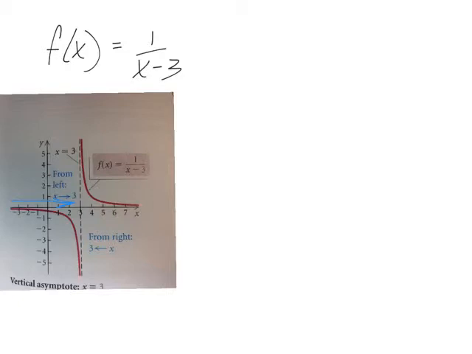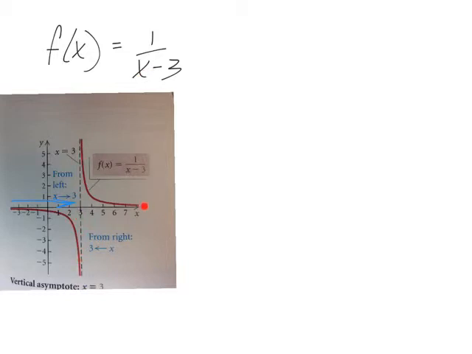One of the things that's important, though, is that this graph never gets to this vertical line at x equals 3. It goes into infinity and gets closer and closer to 3, but it can't get to 3, because if it got to 3, x would be 3 and it would make this undefined. So since it can't be undefined, it can't ever get to 3.